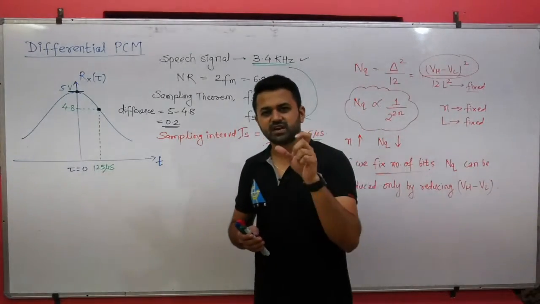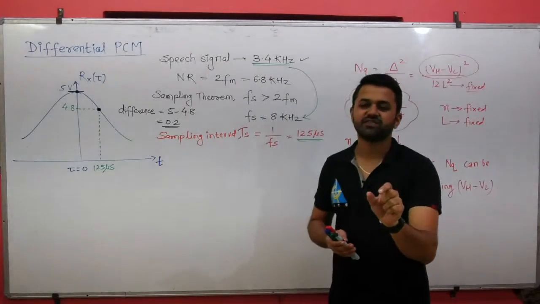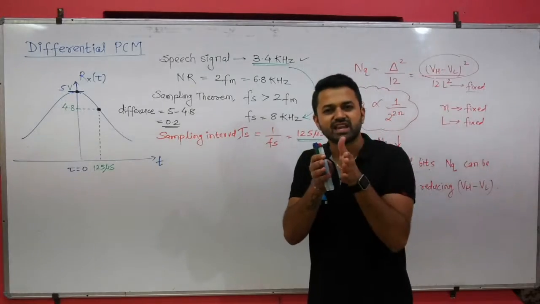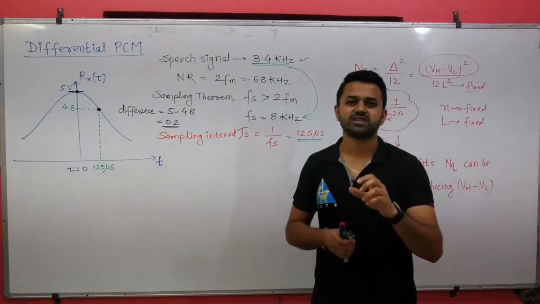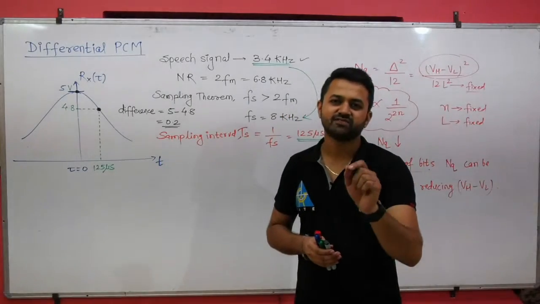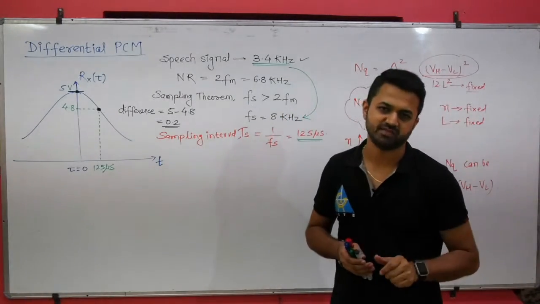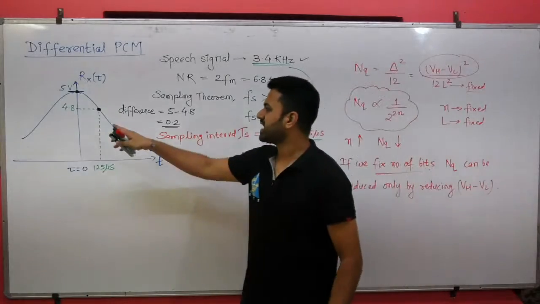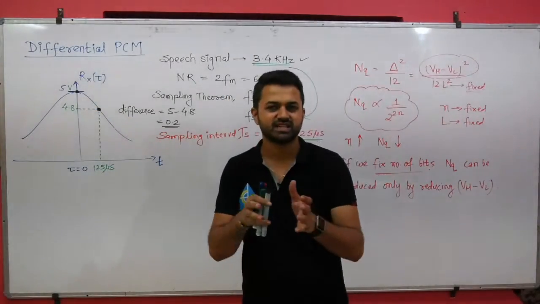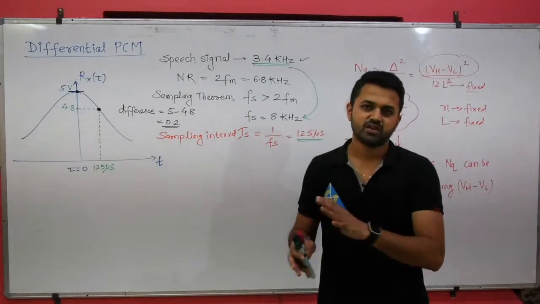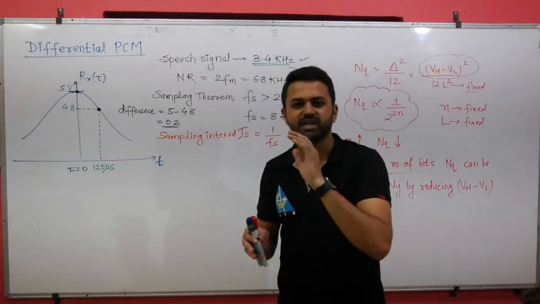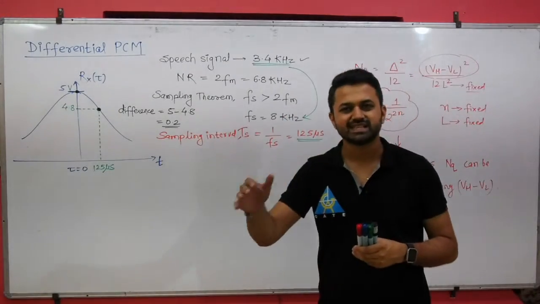But if we transmit the difference between two successive samples, we get a very small value, because the nature of the speech signal provides very high correlation between the samples. High correlation means it doesn't change very fast. The value of the amplitude goes slowly.